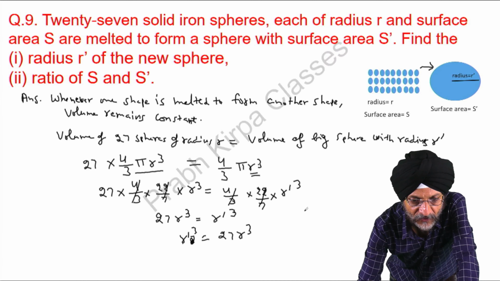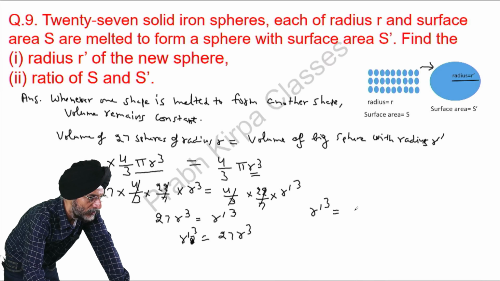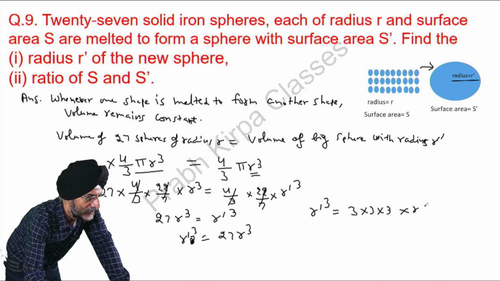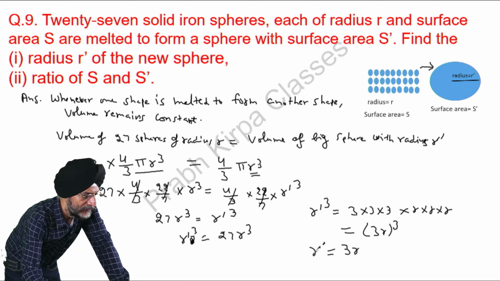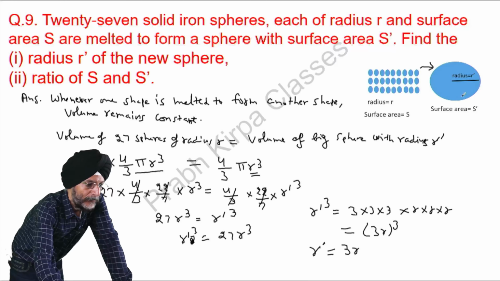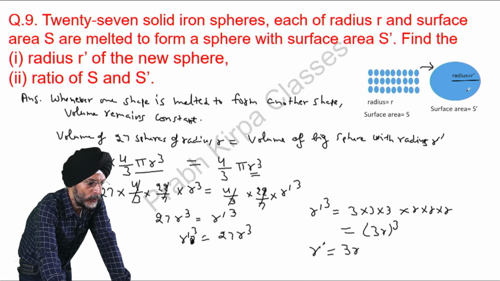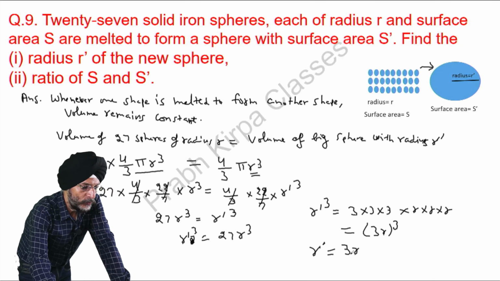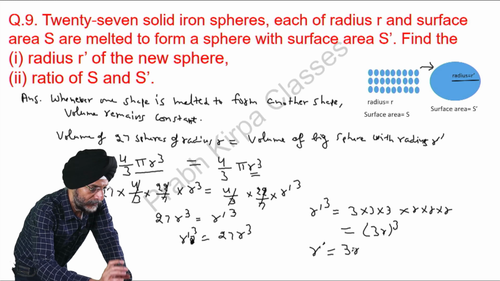We can write it as 3 into 3 into 3 into r into r into r, or 3r whole cube. So r dash will be equal to 3r, that is, the radius of the big sphere will be equal to 3 times the radius of the small sphere.